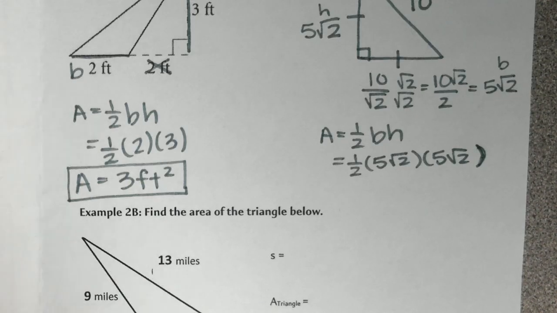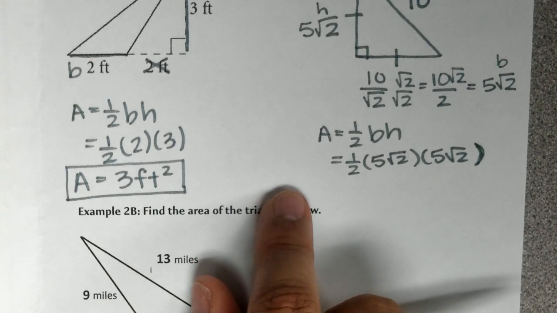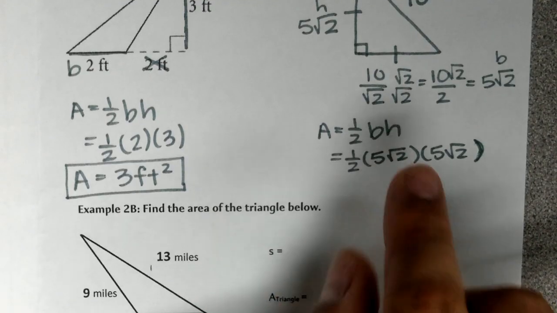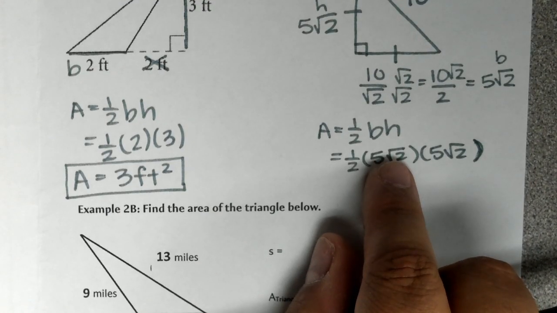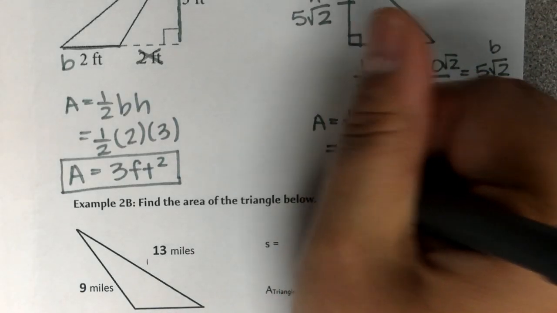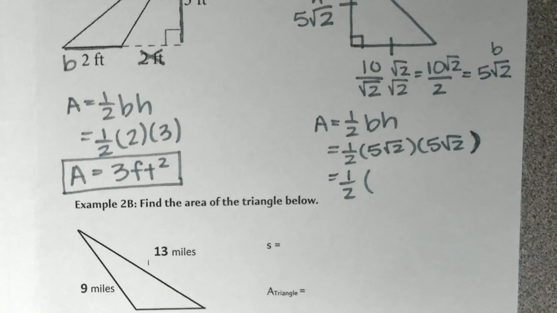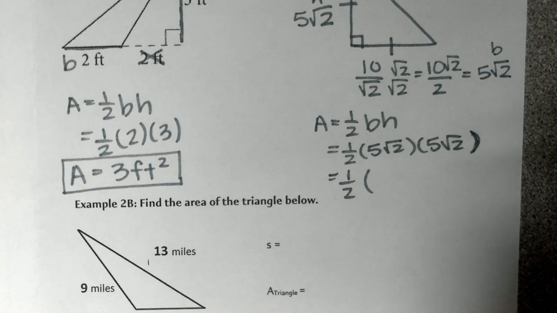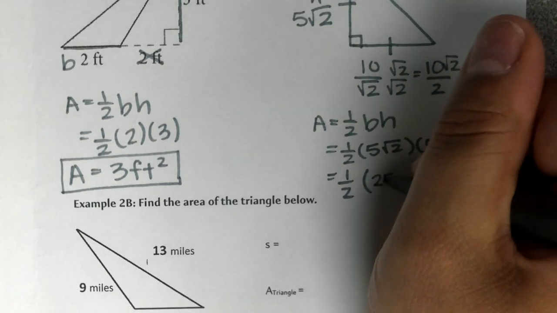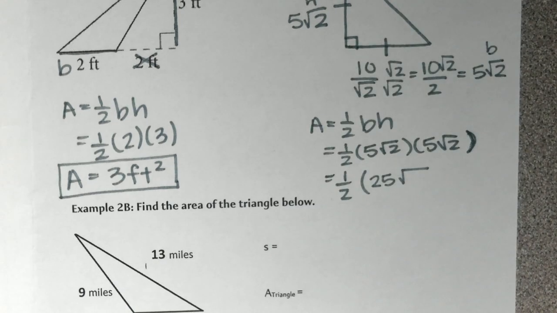Sorry. So, this is why I wanted to go over it, because a lot of people were confused. Remember, you're going to multiply the outside numbers, multiply the inside numbers. So, what is 5 times 5? What's 5 times 5? Be careful. What is root 2 times root 2? 4.